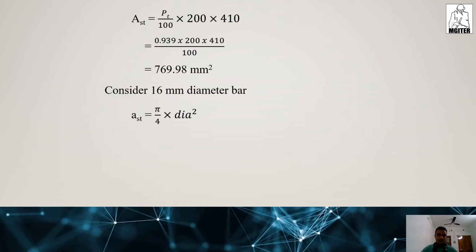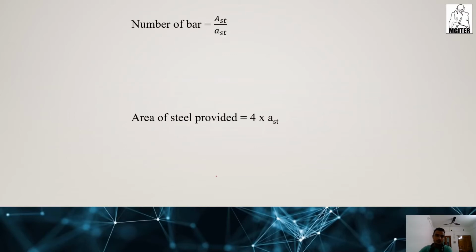Then we assume a 16 mm diameter bar. So what is the small ast? 201.06 mm whole square. Then number of bars is capital Ast upon small ast, 769.98 divided by 201, so 3.82 numbers of bars.